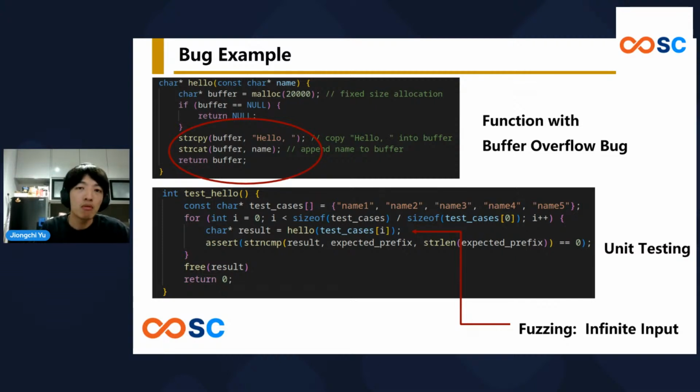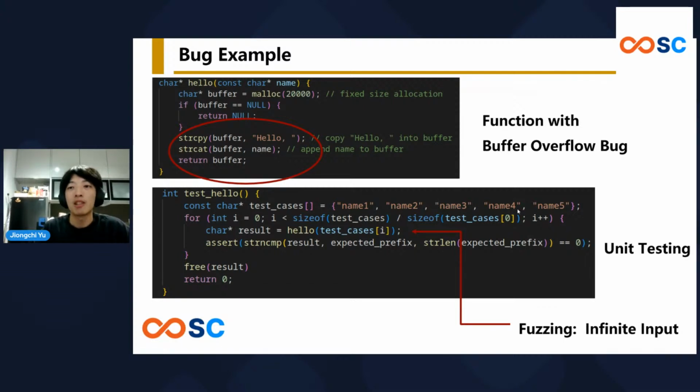This is an example which starts by allocating 20,000 bytes of heap memory and accepts the string name for string concatenation. If the incoming string is very long, it can trigger a heap buffer overflow. If we write a unit test for the function hello, we might preset some strings for testing, and that's it.